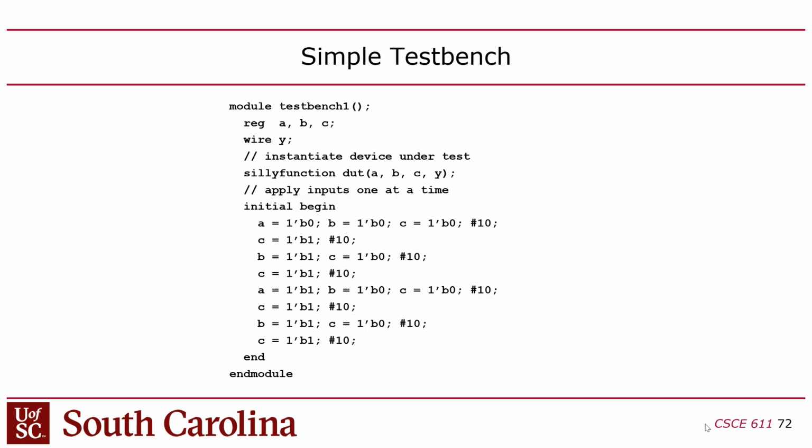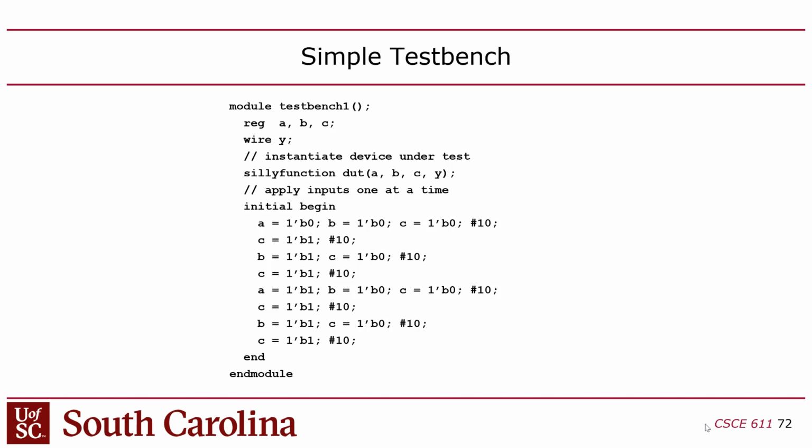Now, one thing you might have noticed here is how I instanced this DUT. You might notice there's no dots in there, no periods to connect the inputs to the outputs. That's because there's a thing you can do in Verilog where when you instance something, you can specify the port connections by order instead of by name.